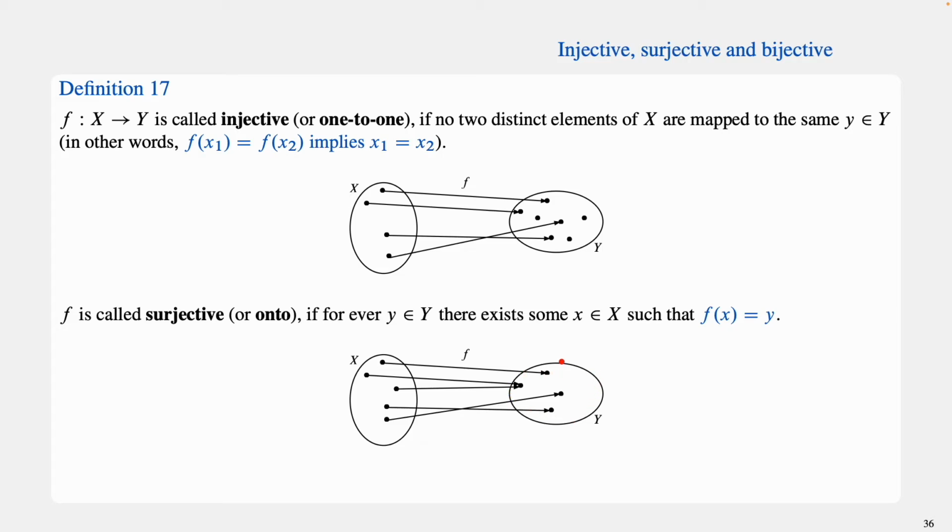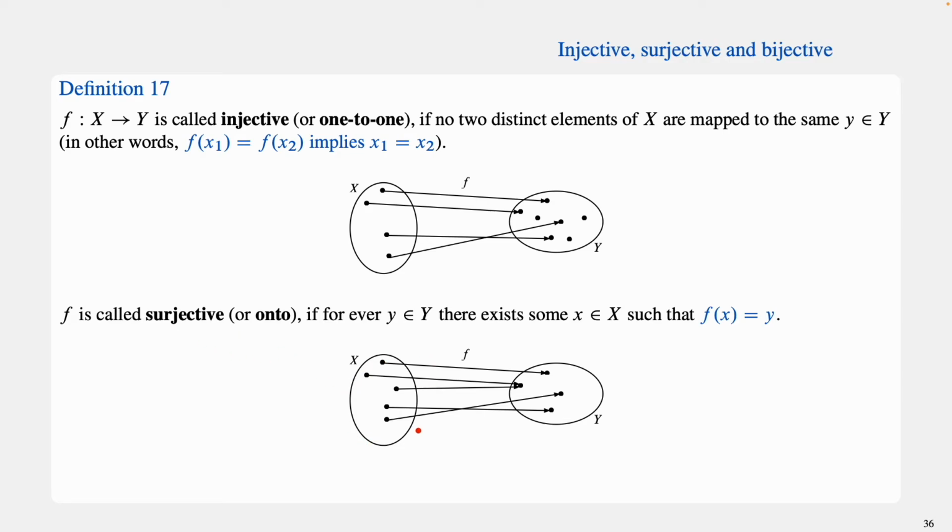We see that every element in y gets hit by an arrow. So for every element in y, we can find some element x here, such that f of x equals this y. Now, this was not the case here. Here we had certain elements where we had no arrows going to them, but here everyone has an arrow going to it.